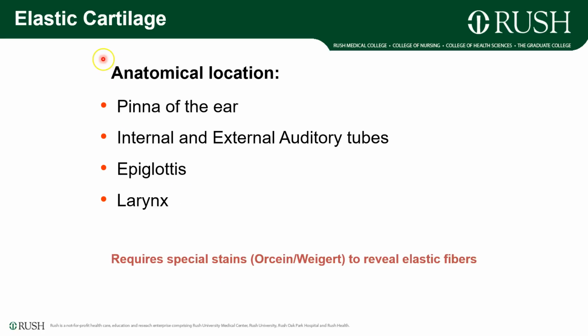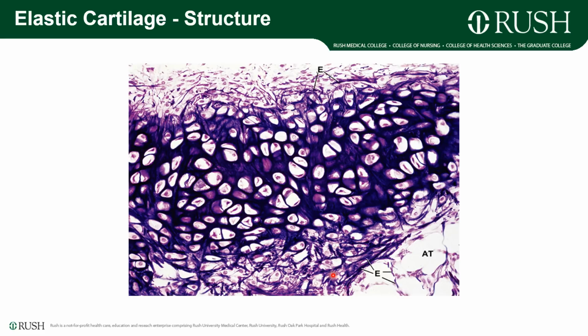The other type of cartilage is the elastic cartilage, and it is seen in the ear as well as the auditory tubes, the epiglottis, and in the larynx. To be able to see the elastic cartilage, you have to stain it with special dyes which will stain the elastic fibers, and that dye, the Orcein or Verhoeff dye, is used for revealing the elastic fibers.